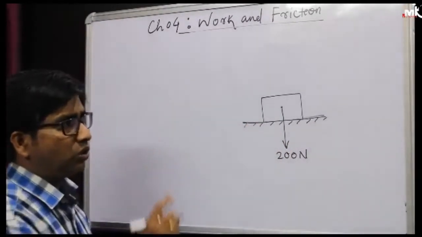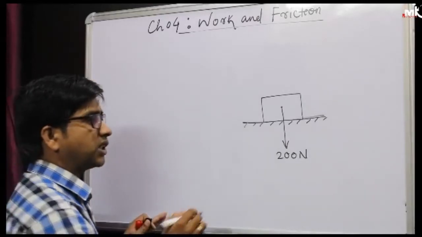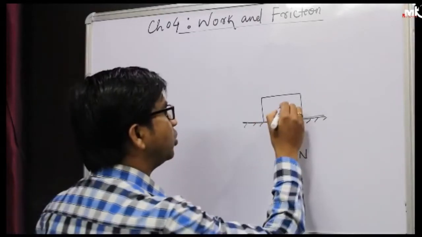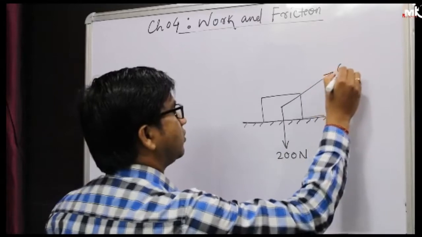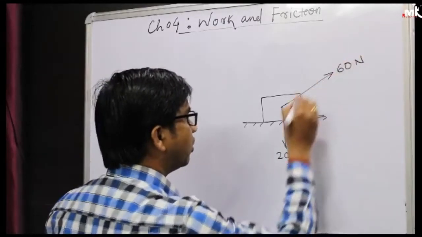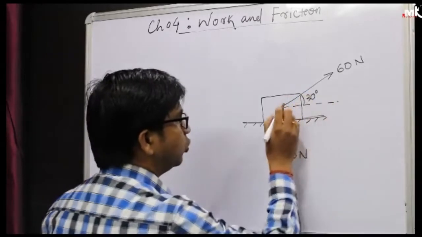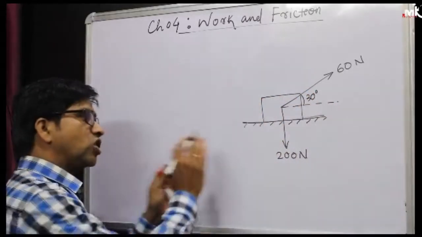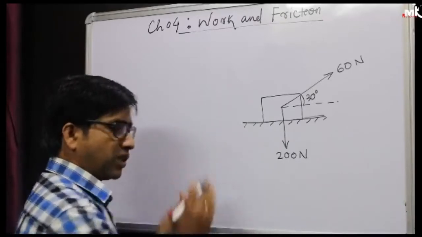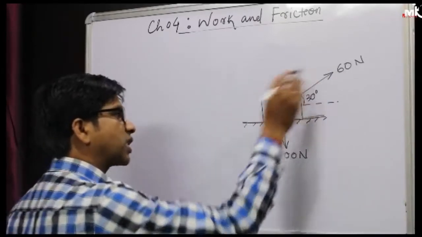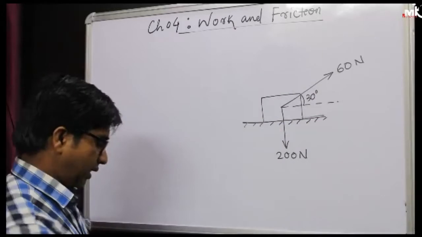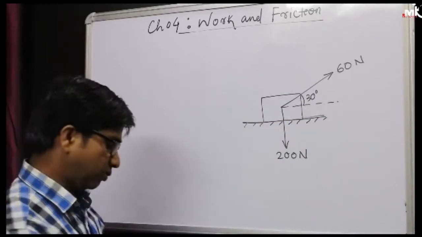Friends, according to the question, a force is applied at an angle of 30 degrees with the horizontal. Suppose this is the force, 60 Newton, applied at an angle of 30 degrees with the horizontal. It just moves the body. So this force can move the body towards the right. We have to find the coefficient of friction.